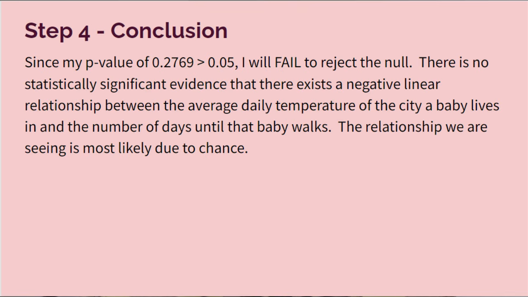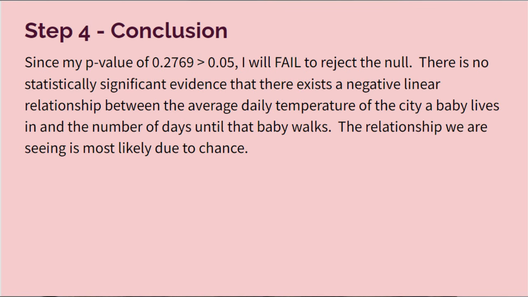That p-value of 0.2769 is greater than either 0.01 or 0.05, so there is no statistically significant evidence that there exists a negative linear relationship between the average daily temperature of the city a baby lives in and the number of days until that baby walks. The relationship we are seeing is most likely due to just chance.